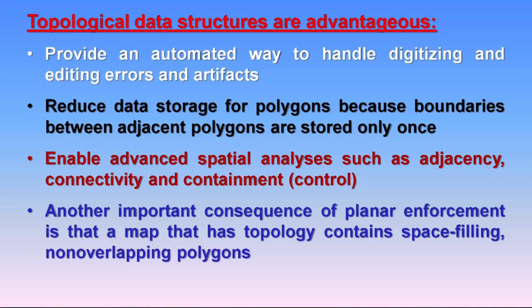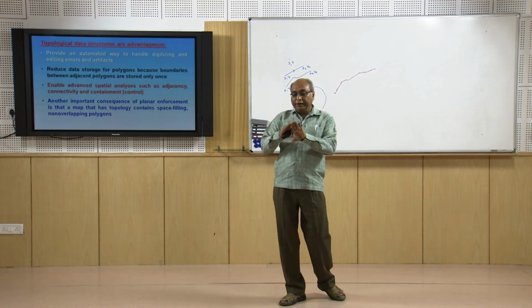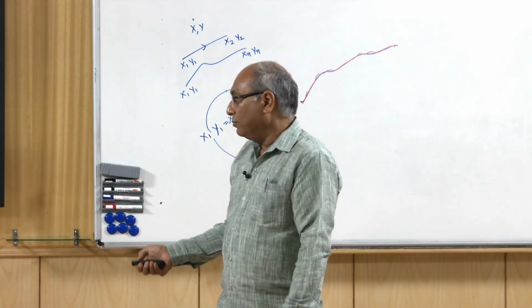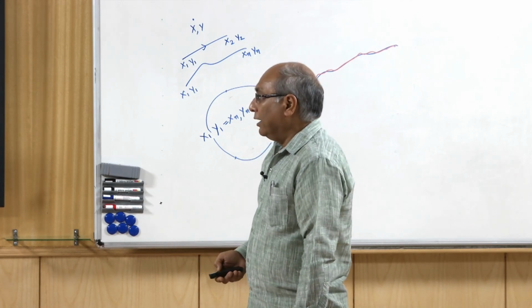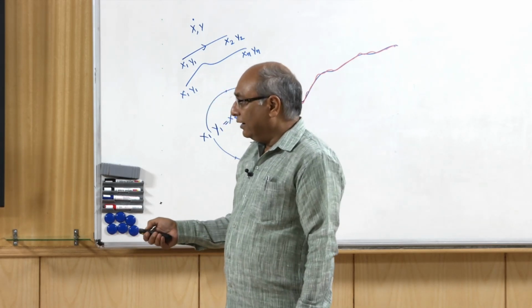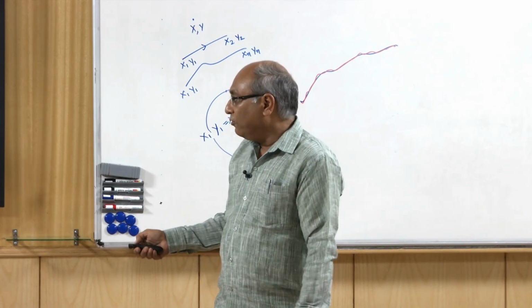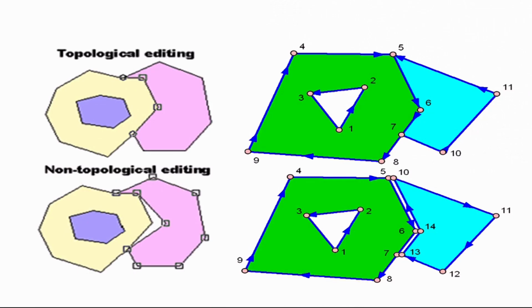Another important consequence of planar enforcement, that is the construction of topology, is that a map that has topology contains space filling, non-overlapping polygons. Because if adjacent polygons have been constructed using the concept of topology, then these problems will not arise at all. Here I can give the example of CorelDRAW and other graphical software which do not have the concept of topology implemented, and therefore if you have to digitize, you might be digitizing like this and you may leave some gap here.